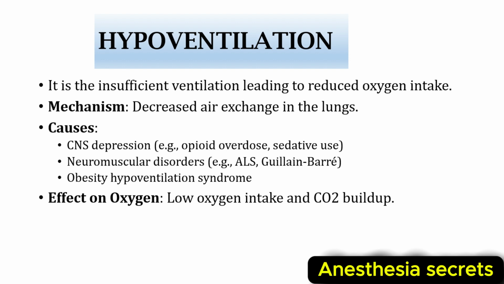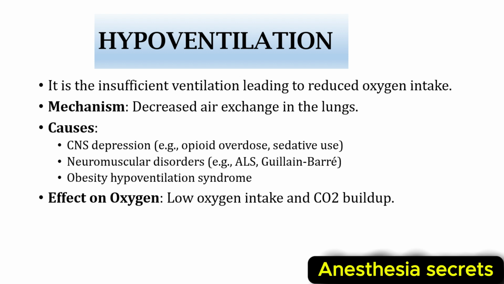As examples, there is CNS depression, where drugs that depress the central nervous system can reduce the respiratory drive, causing hypoventilation. Among the drugs that can depress respiratory centers in the brain, we have opioid overdose, like heroin and morphine.